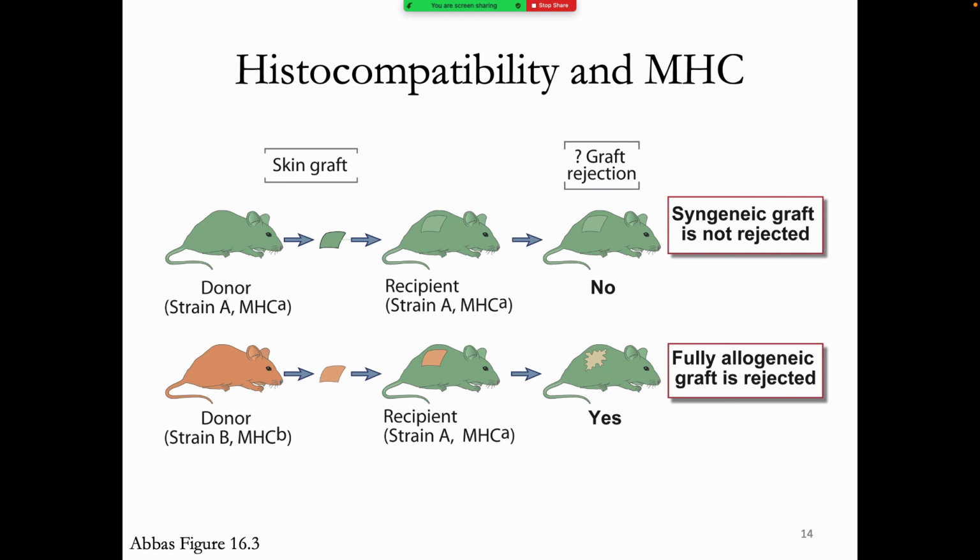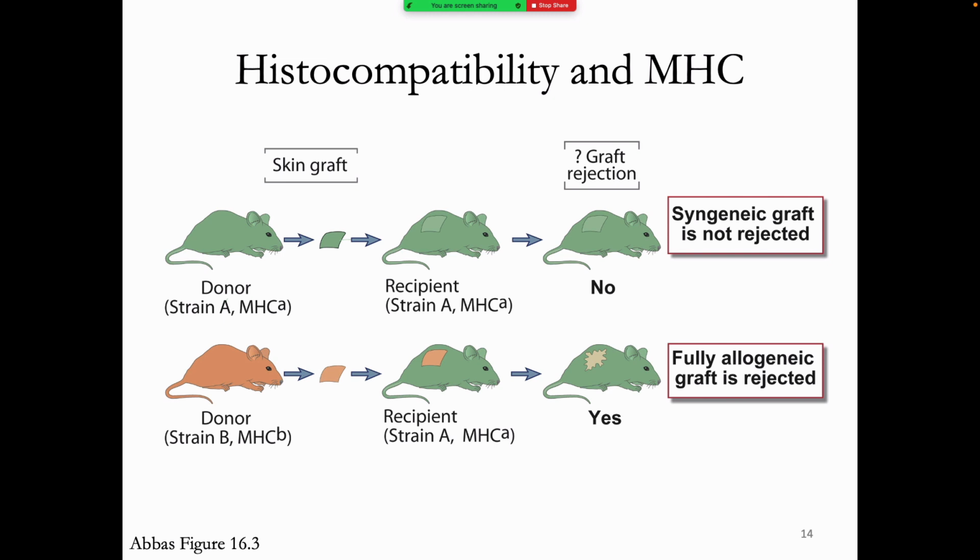So what has been realized is that one of the biggest antigens that's important here is MHC. In fact, what we're thinking about with transplantation is whether tissues are compatible.